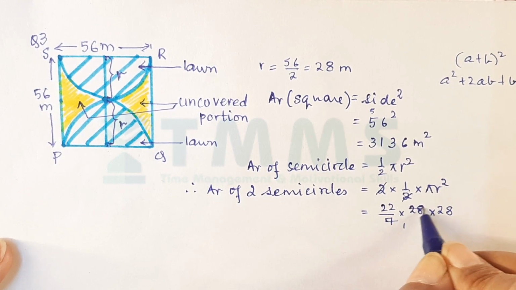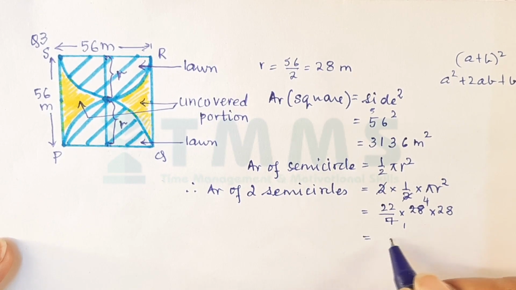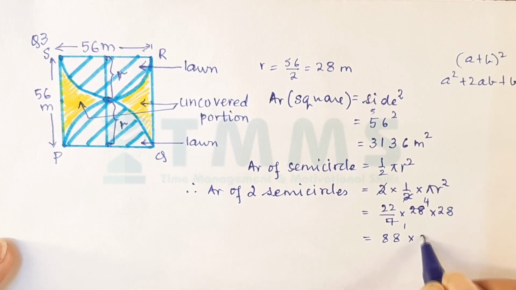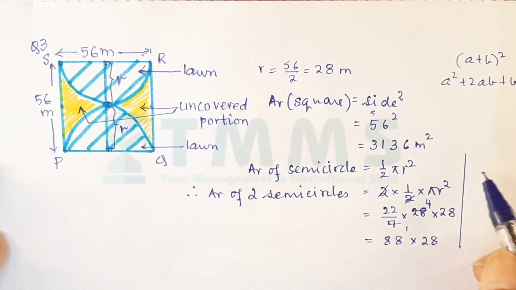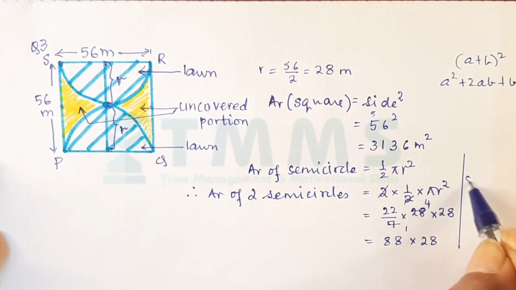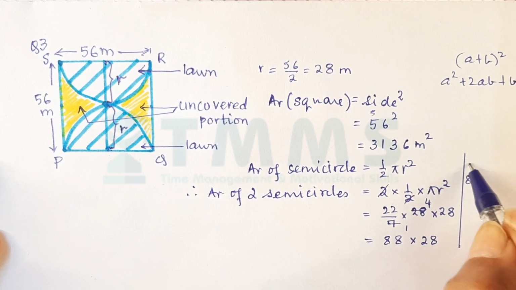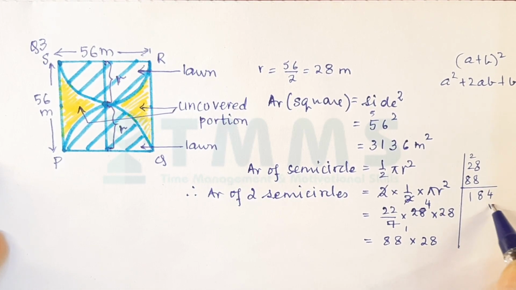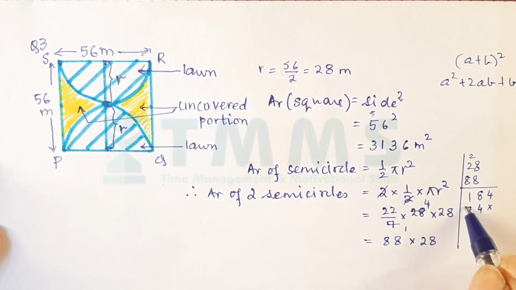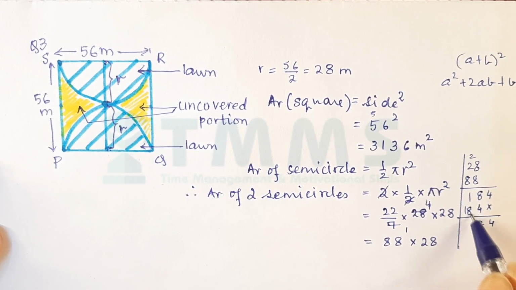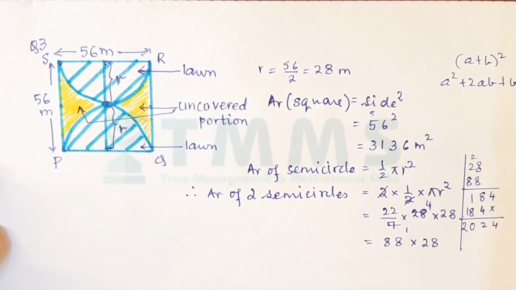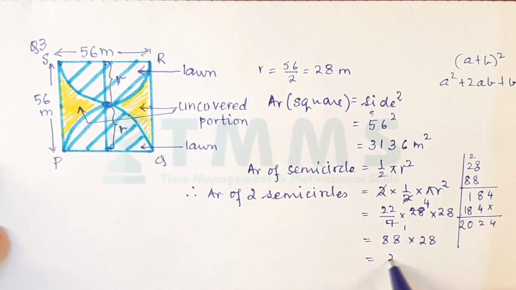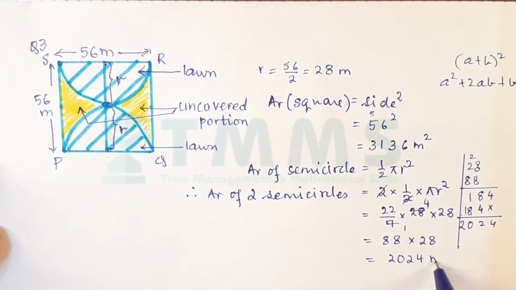And so you have 7 ones and 7 fours. So you have 88 multiplied by 28. Got that? Let's show the working. 88 is multiplying 28. So we will have 8 8 64, carry 2, 8 2 16 and 2 18. Two zero two four. So that is 2024 meter square.